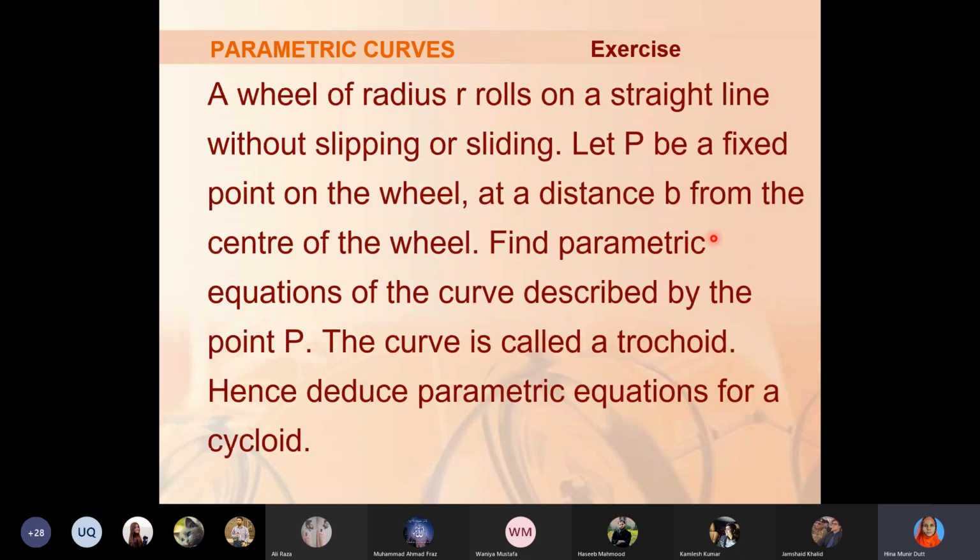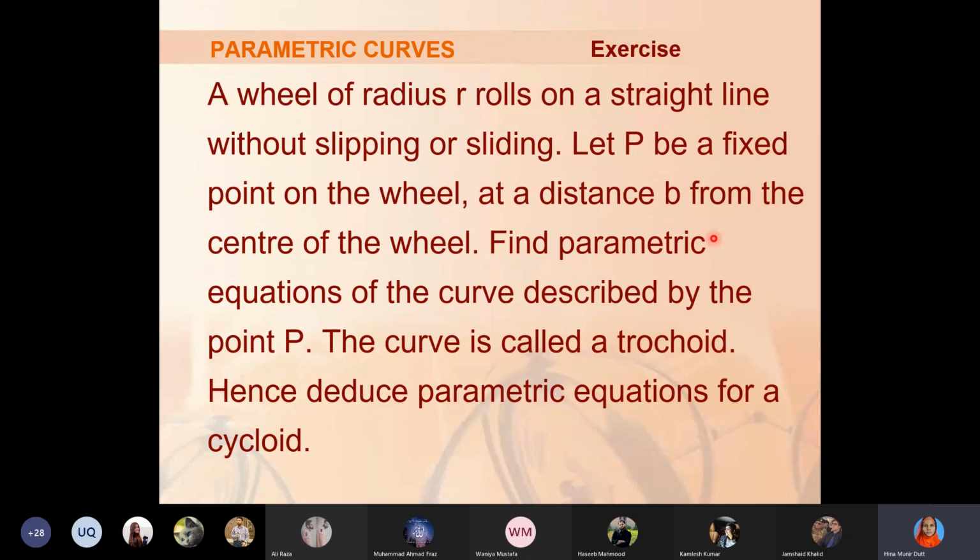The second exercise question is: a wheel of radius r rolls on a straight line without slipping or sliding. Let P be a fixed point on the wheel at a distance b from the center of the wheel. Now you have to mark a point P on the wheel, inside the circumference of the circle, not on the rim. The distance b is less than the radius r. If b were equal to r, the point would be on the rim of the circle.